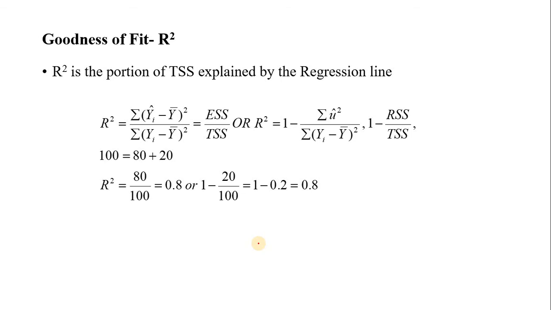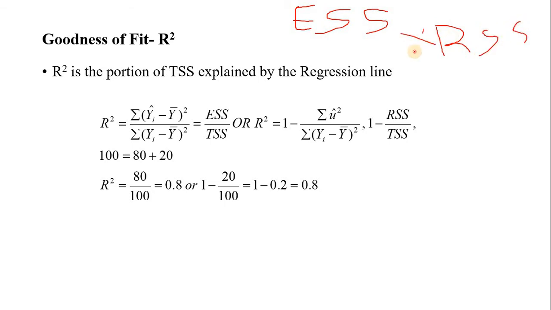The variation that can be explained by the regression line is called ESS, explained sum of squares. The variation that cannot be explained is called RSS, residual sum of squares.